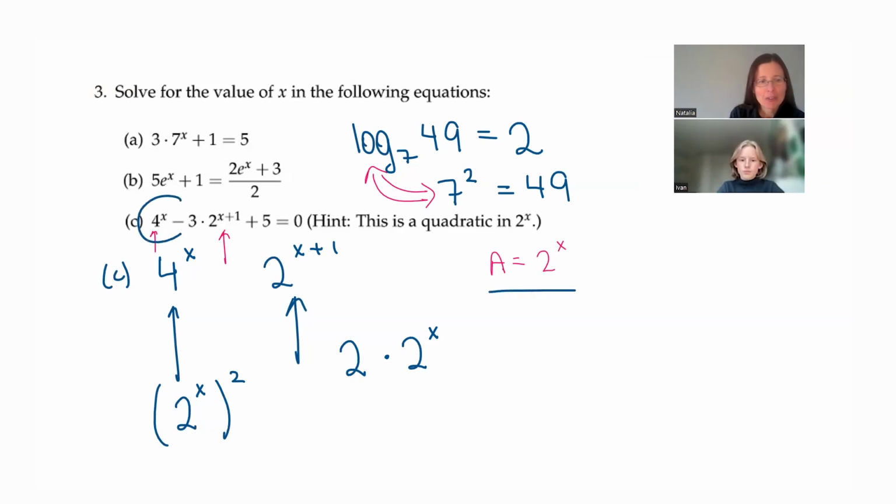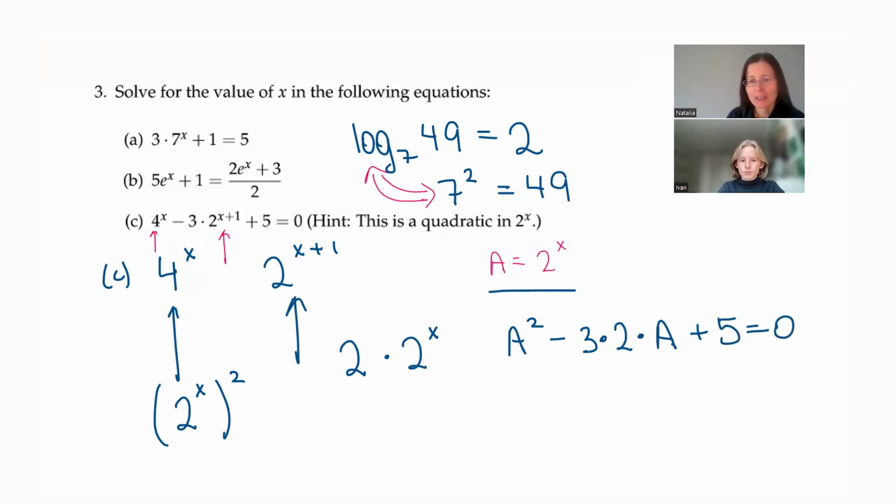And now the first term, which was 4 to the x, we can write as a squared. Then minus 3 times 2a, 2 times a, because we split the middle term like that. And plus 5. I'll multiply these two together. That will be 6. And here we have a quadratic equation: a squared minus 6a plus 5 equals 0. What should we do?